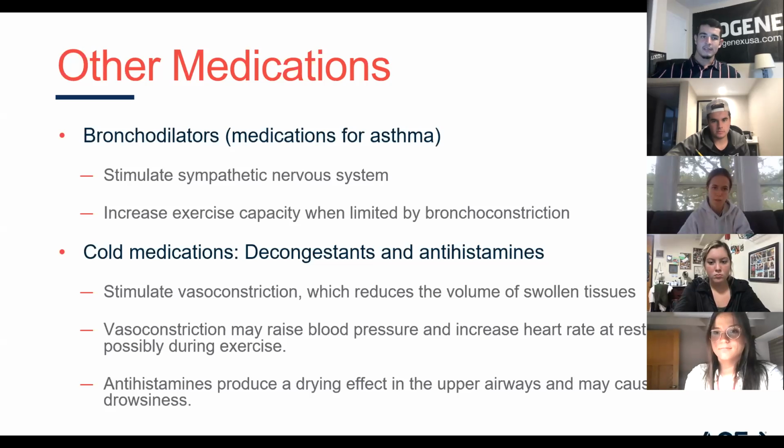So basically your nervous system has 2 different pathways, sort of yin and yang, I guess. Sympathetic and parasympathetic. Sympathetic would be like fight or flight, and parasympathetic would be like rest and digest.